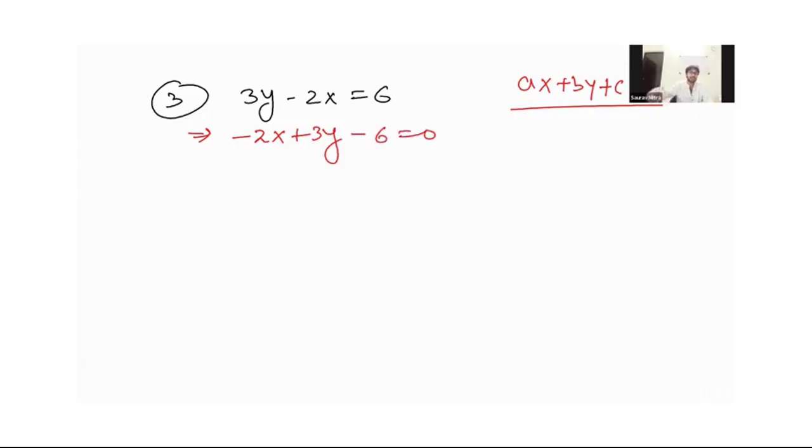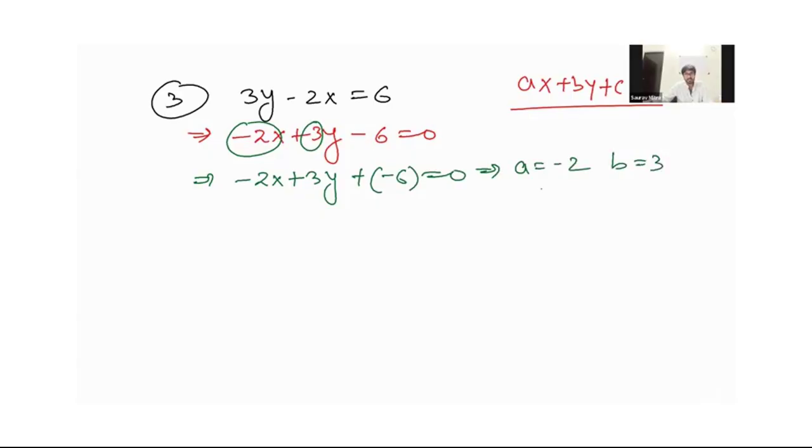So we write minus 2x plus 3y minus 6 is equal to 0, and then we can easily identify a, b and c. That implies a is minus 2, b is equal to 3, and c comes out to be minus 6.